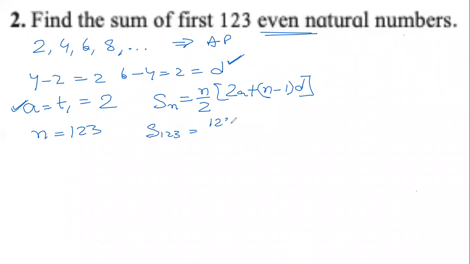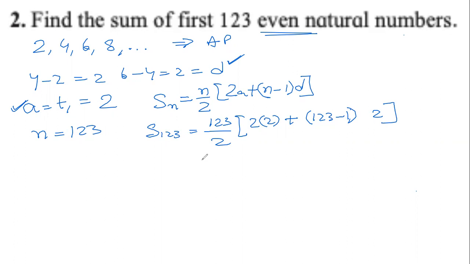So 123 by 2 within brackets 2 into A. A is our 2. So we will write 2 into 2 plus again 123 minus 1. D is 2.